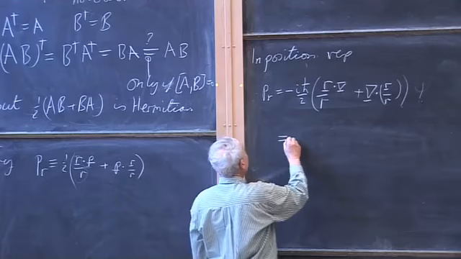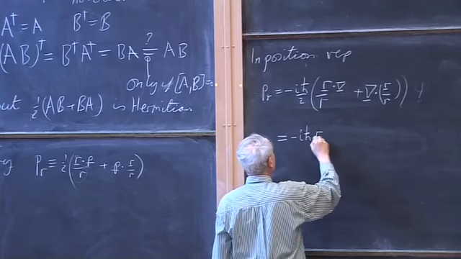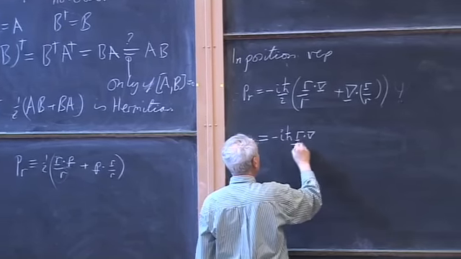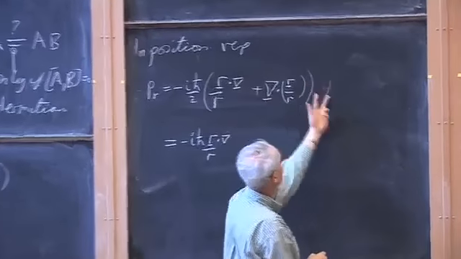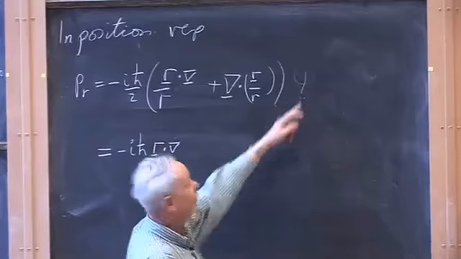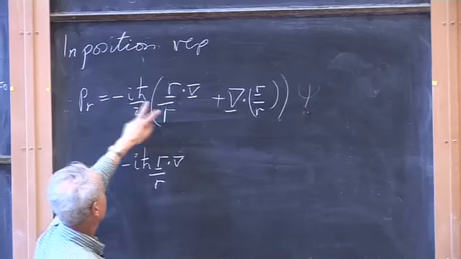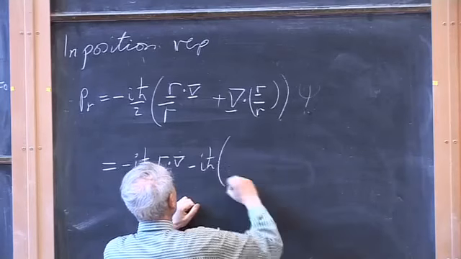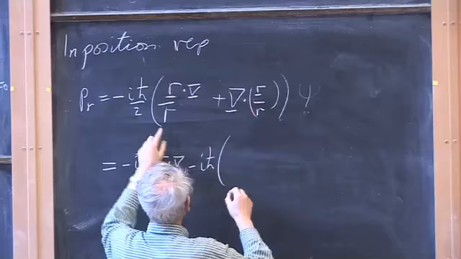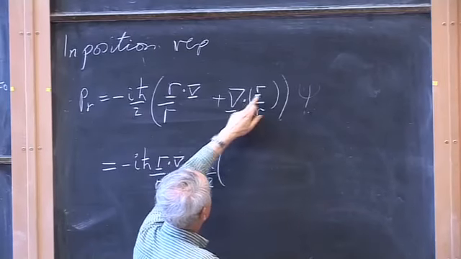So this is going to be minus i h bar r dot grad over r, right? So I'm taking this one that I've got and the one that I'm promised at the end of all this reduction here. So that's where the 2 went to. So that's those two. And now I've got these two bits, minus i h bar brackets. We're going to have over 2, sorry, that's this factor here. Then I'm going to have this thing operating on this.